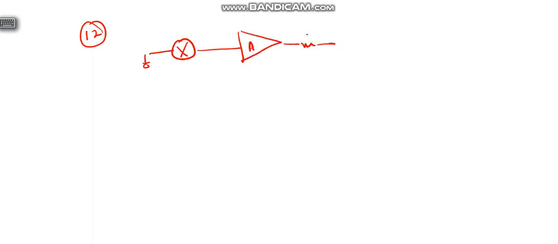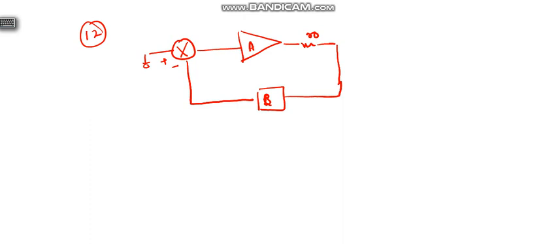Okay, so now let's consider one more example in a similar way. Say this is basically a negative feedback kind of circuit. Say there is a gain A, and this is an amplifier with output resistance, say RO, and there is a beta feedback factor, and this is plus, this is minus.